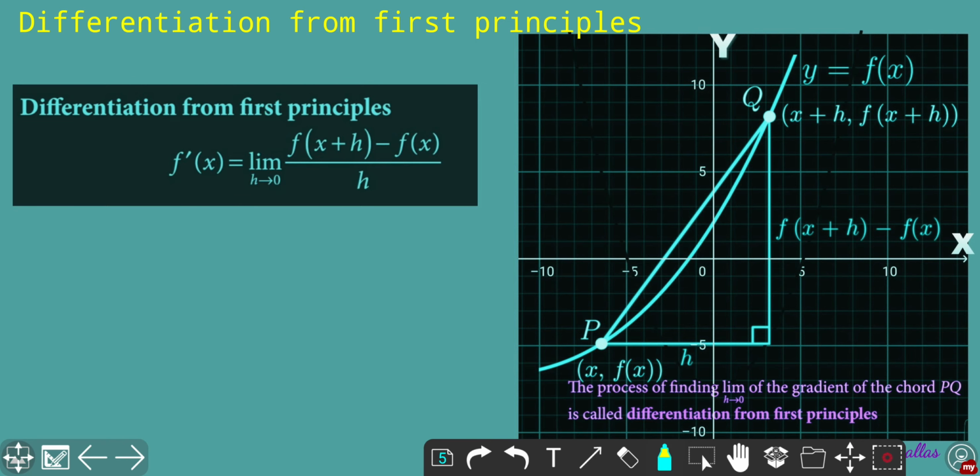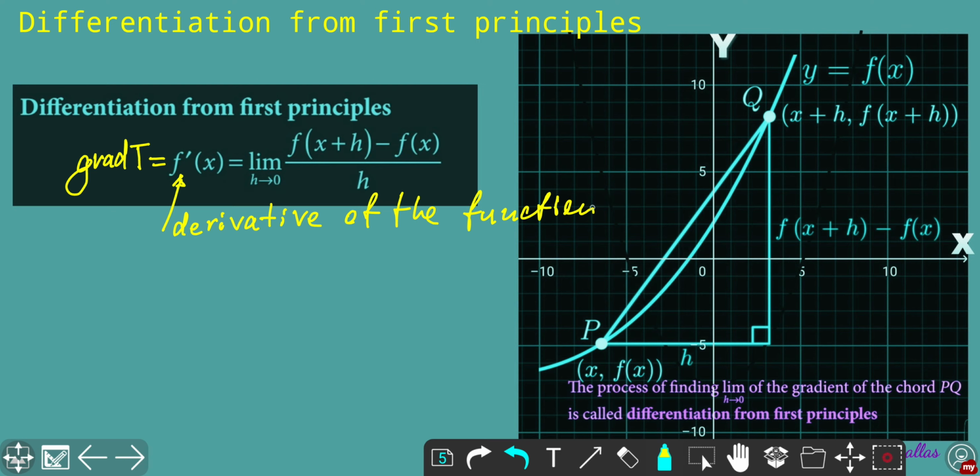So if we go there, we can denote this expression. In other words, we can denote the gradient of the tangent as f dash, okay? f dash. This apostrophe means that we're taking the dash, right? In other words, this represents the derivative of the function. That is what differentiation from first principles means.